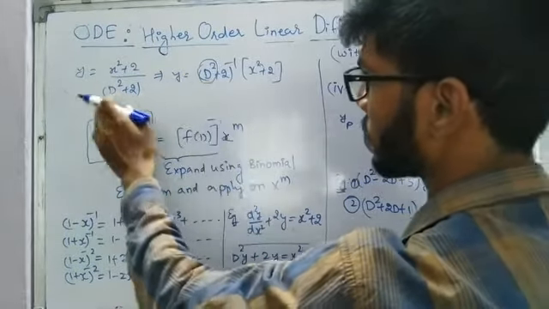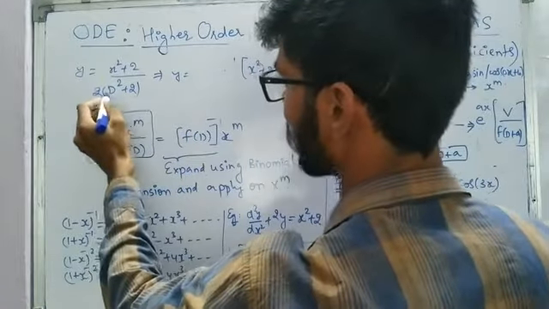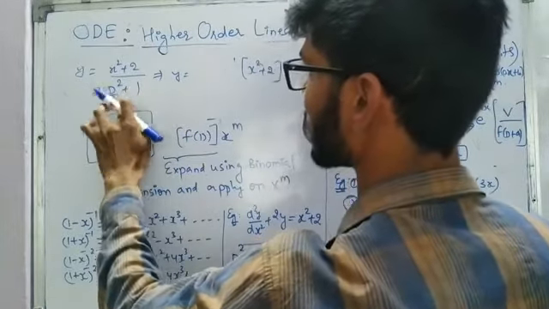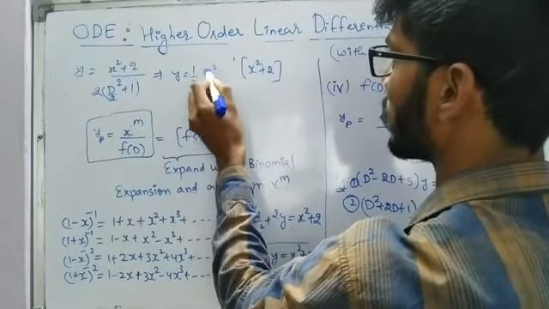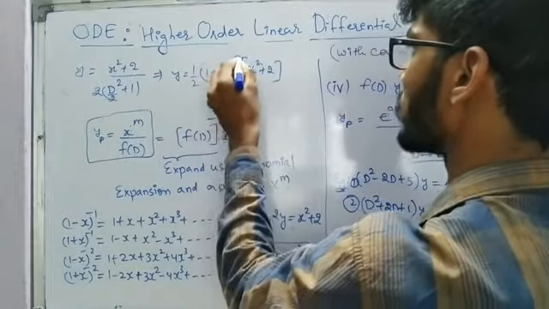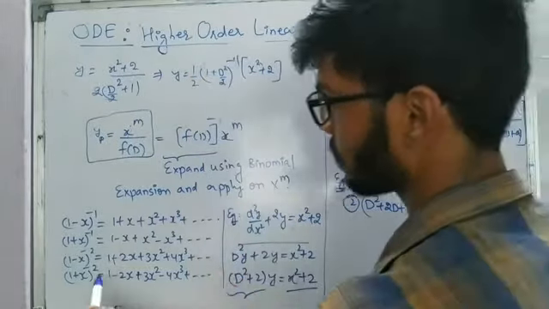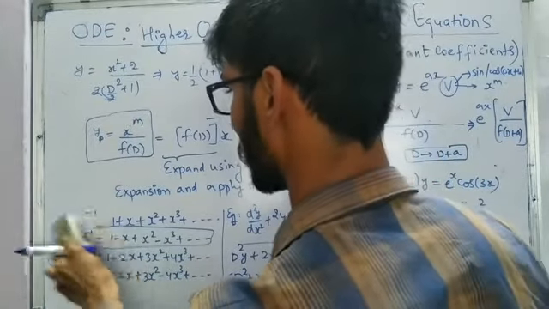If we take 2 out, this will be D square by 2, and this is nothing but 1. So we have 1 by 2 and (1 plus D square by 2) whole inverse now. Now we can make use of our binomial expansion, (1 plus x) inverse.